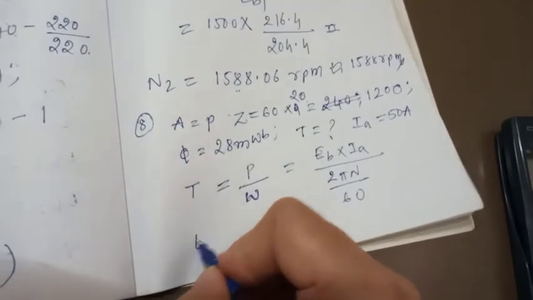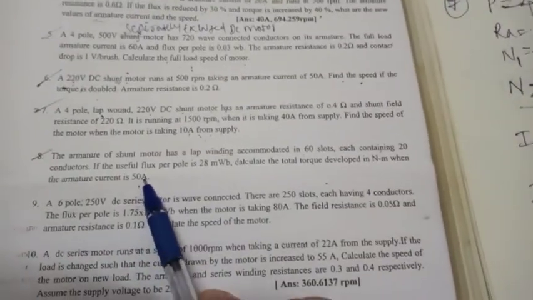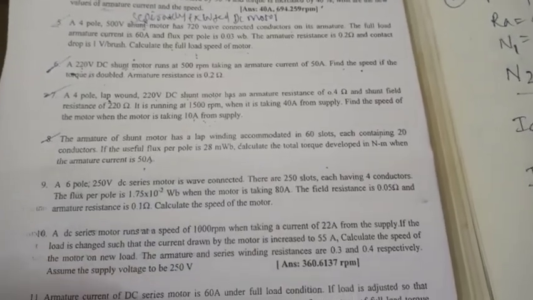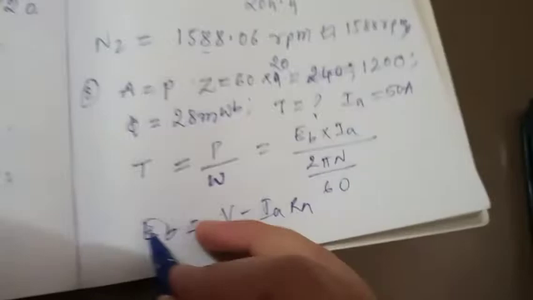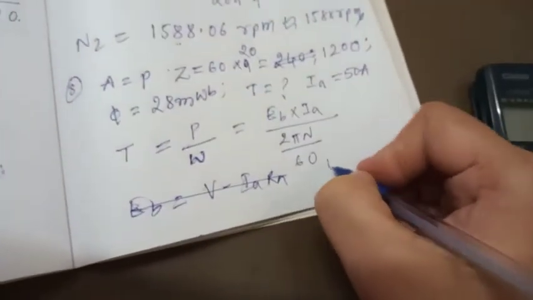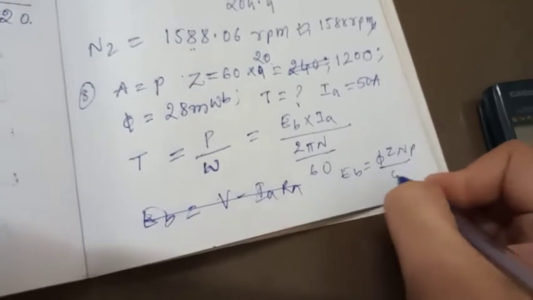You calculate the EB value. EB is equal to V minus Ia Ra. V they haven't given. Instead you can calculate using the formula EB is equal to phi Z N P divided by 60A.